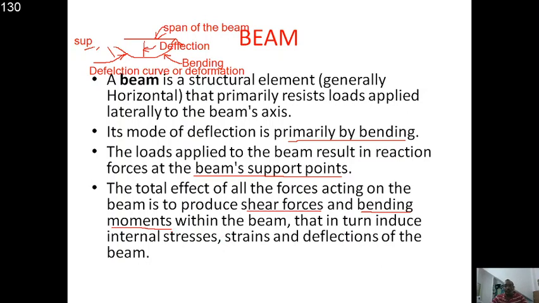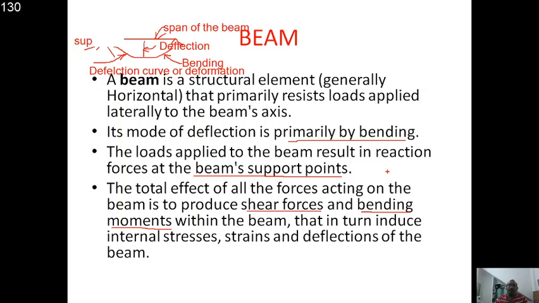Shear force is produced due to unlike parallel force systems. When a beam is subjected to an unlike parallel force system, obviously shear force will be produced.